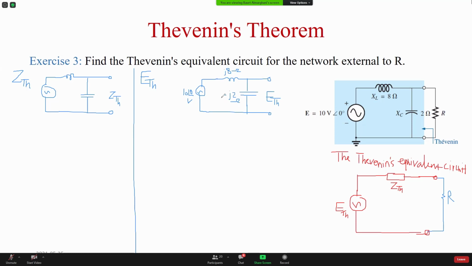See, we use impedance when we do the analysis for AC circuit. J8 ohm, minus J2 ohm, and this is 10 angle 0 volt.